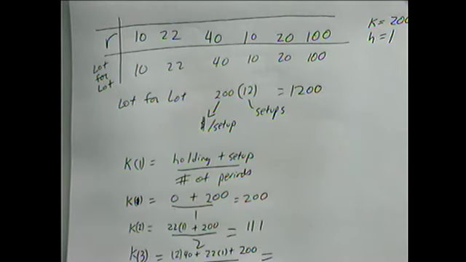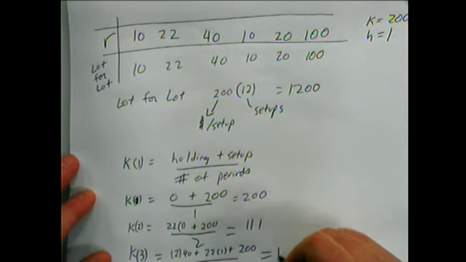And $80 plus 22 plus 200, and all that divided by 3. Wow, it's still going down, because that's 166.